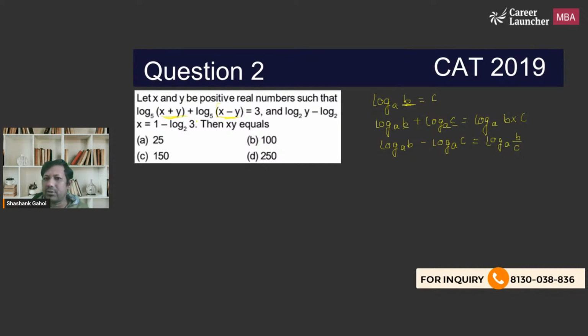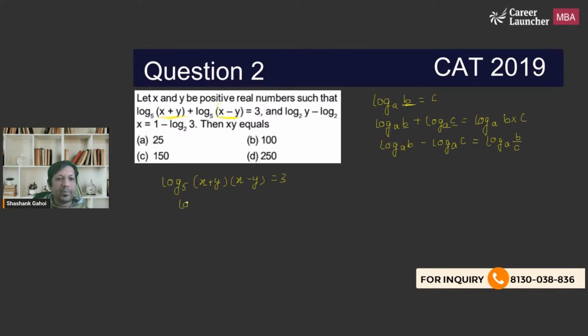So I'm going to use the two formulas over here. Here, these two values are going to be multiplied. So I am going to say log base 5 of (x plus y) into (x minus y), and that is equal to 3.